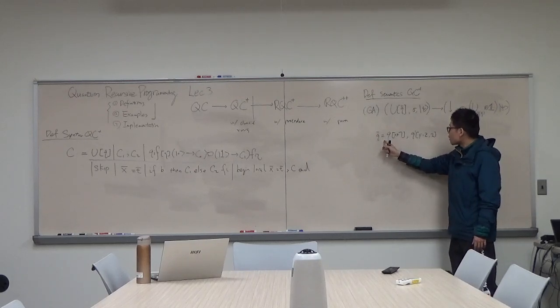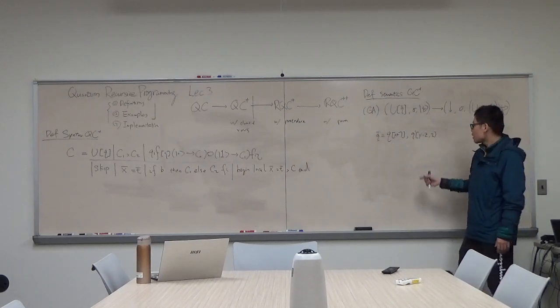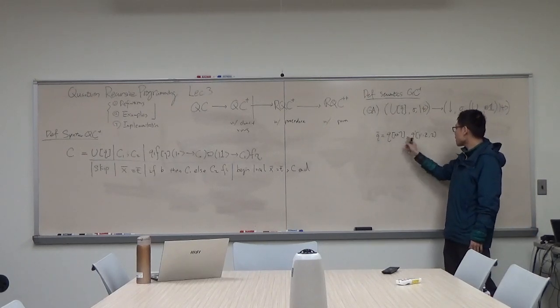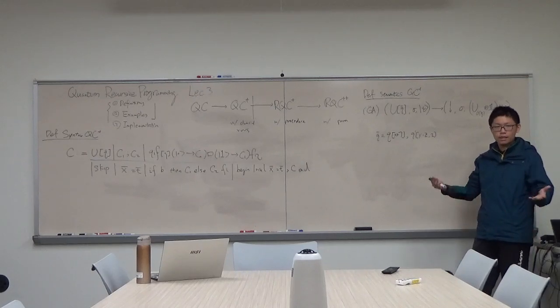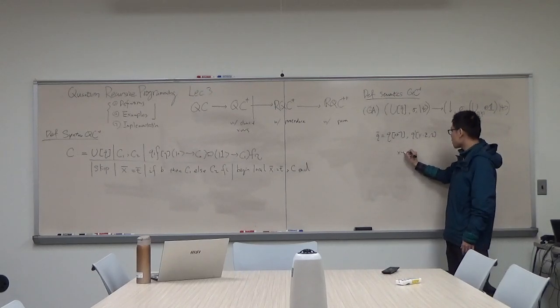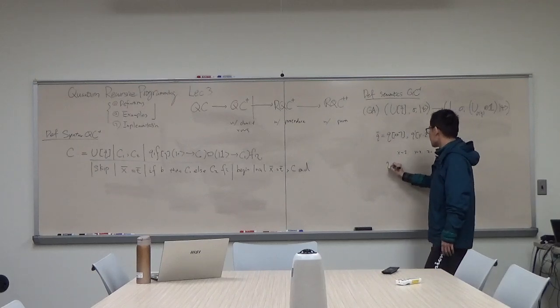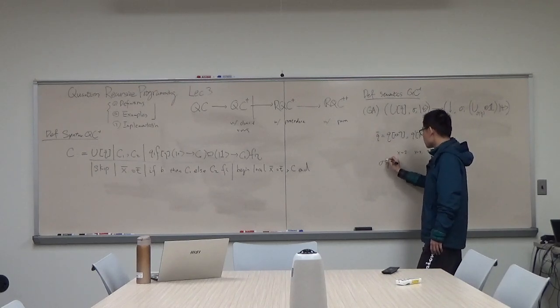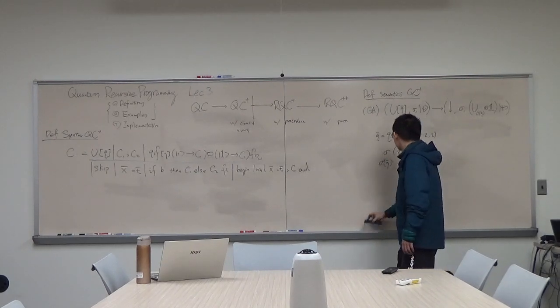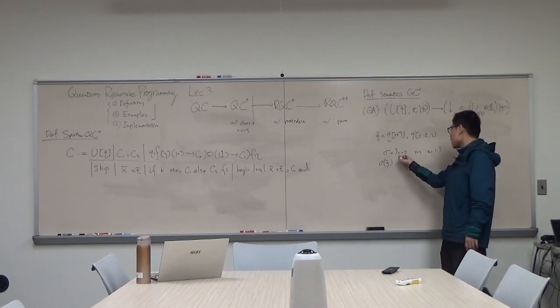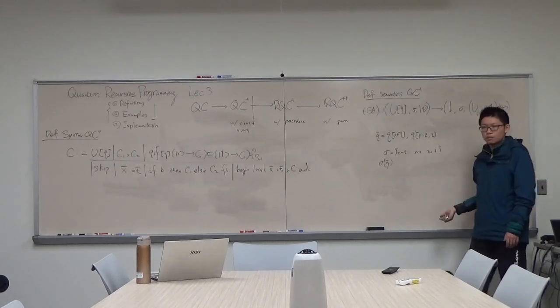So when you are referring to q bar, it depends on the current classical state, because here x, y, z are classical variables, so they can take different values. For example, x can be 1, y can be 2, z can be 3, maybe not 3, 1. Then this q bar actually refers to, let's write sigma. Here, this is the sigma state. Sigma is a classical state, so it is an assignment of these classical variables to values.